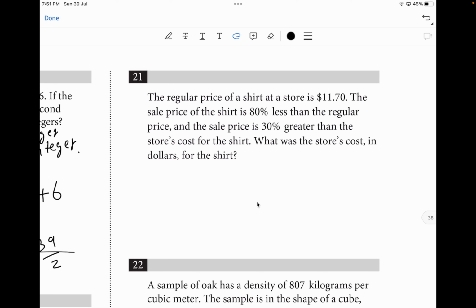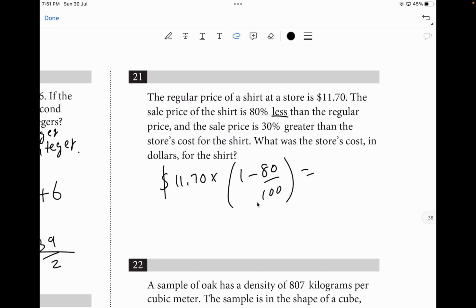So what we're going to be doing is that since it's given to us that the regular price of a shirt at the store is $11.70, and the sale price of the shirt is 80% less than the regular price, it follows that the sale price of the shirt is going to be $11.70 times brackets 1 minus 80 divided by 100. This is because the keyword is less.